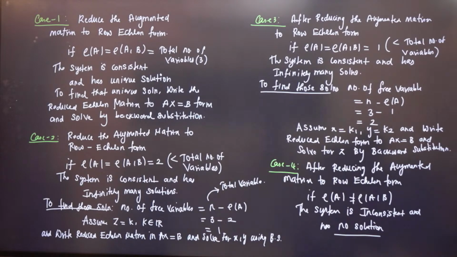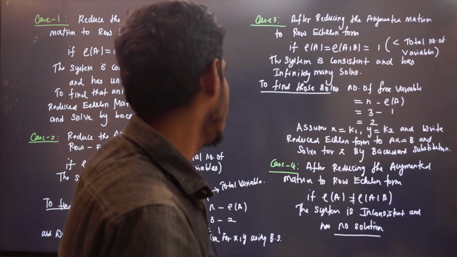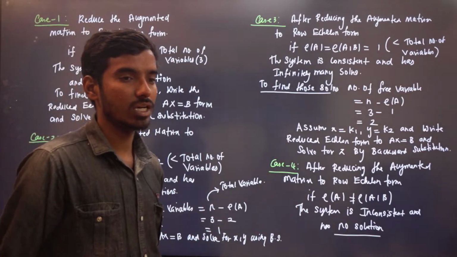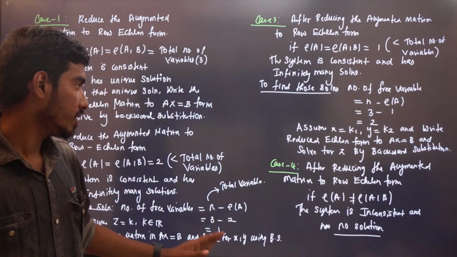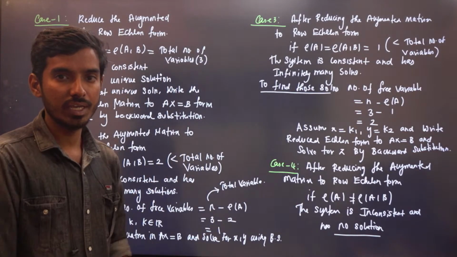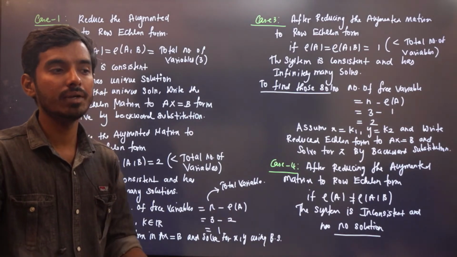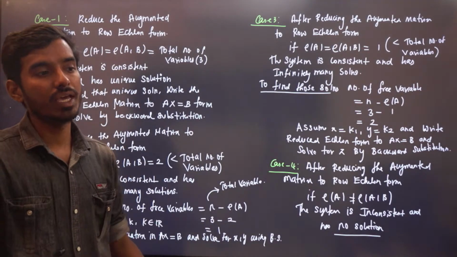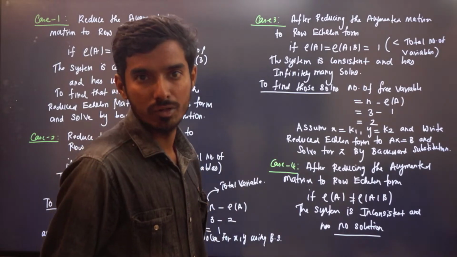And to find the type of solution, you have to find the number of free variables. Based on the number of free variables, make an assumption and solve by backward substitution. If it is infinitely many solutions, they will be in terms of k. If it is one free variable, the solution will be in terms of k. If it is two free variables, the solution will be in terms of k1 and k2. If you vary k, you will get all infinitely many solutions.